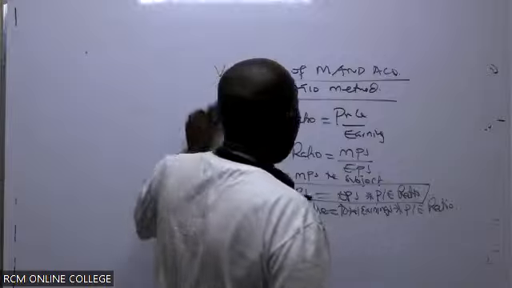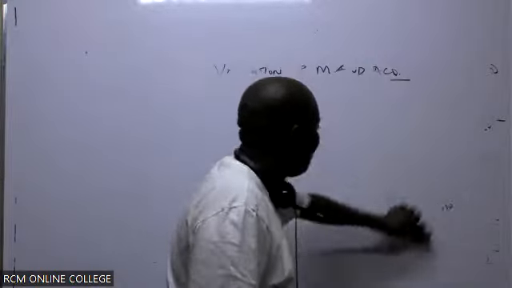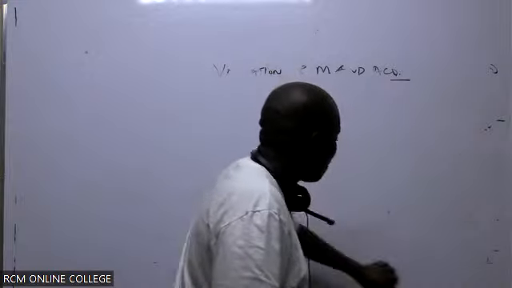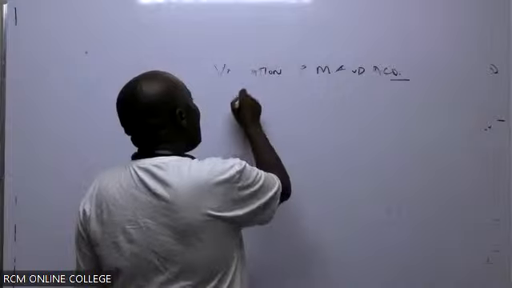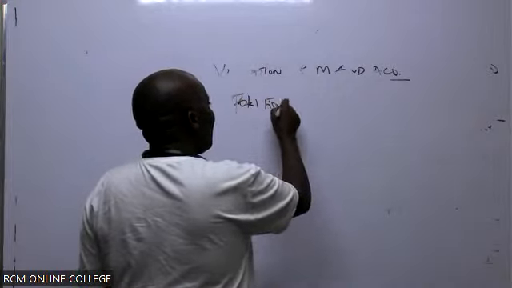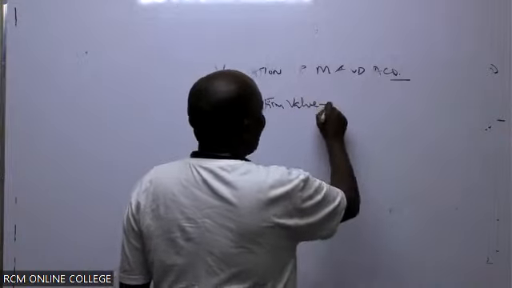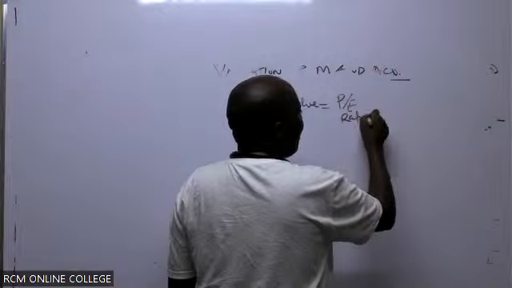So anytime, ladies and gentlemen, they talk about the PE ratio method, to get total firm value, you'd always take the PE ratio given. This is how I remember it.